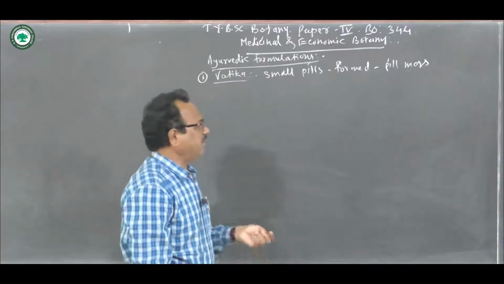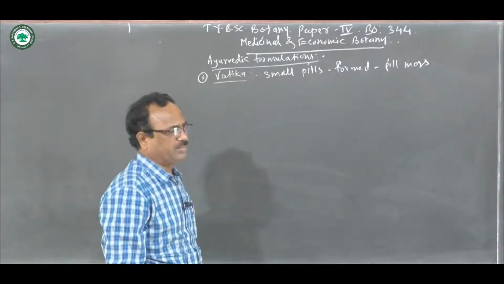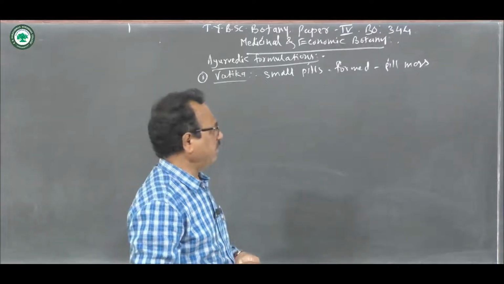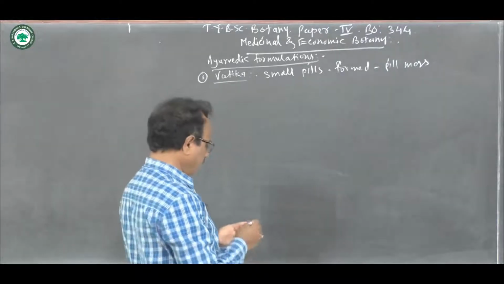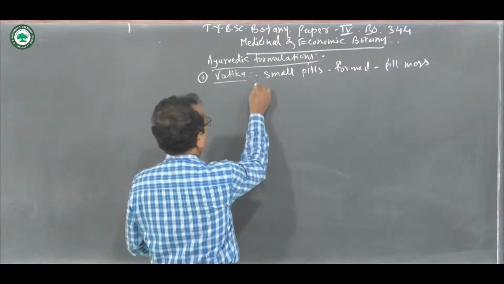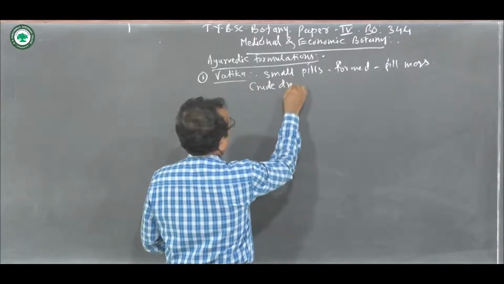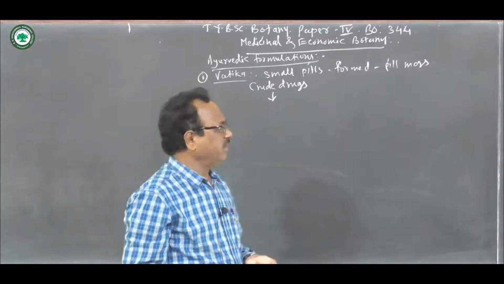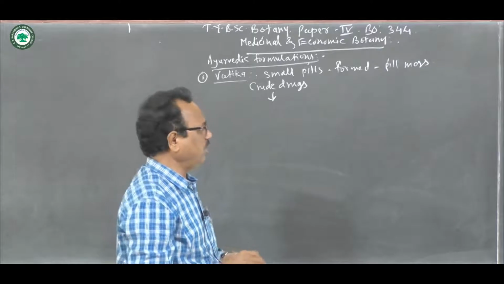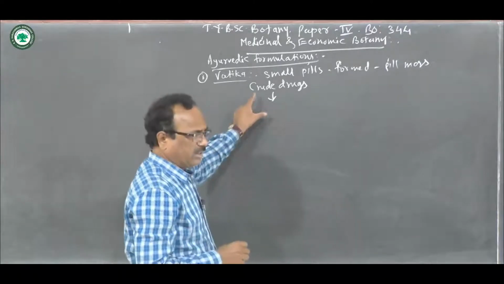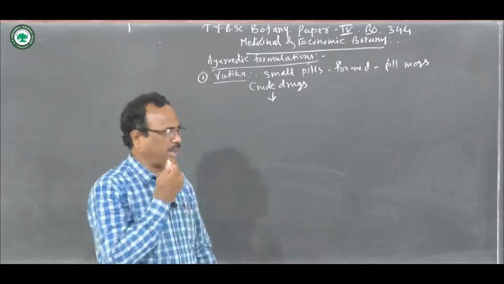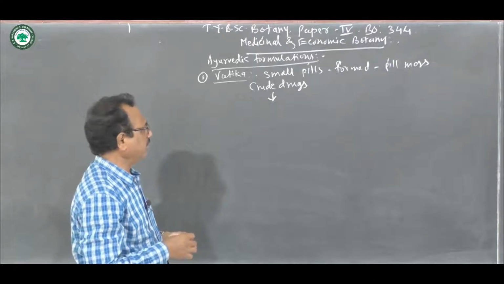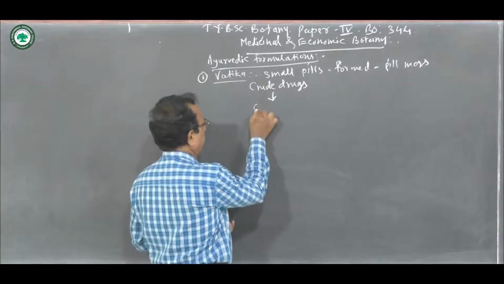So in this Ayurvedic formulation, firstly the plant material or crude drug from which we are going to prepare the Vatika is taken. It may be of plant origin or different origins. Suppose it is of plant origin, then the plant part is taken and cut into small pieces.